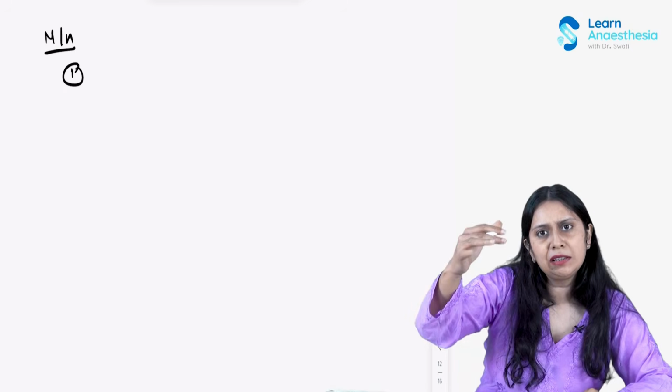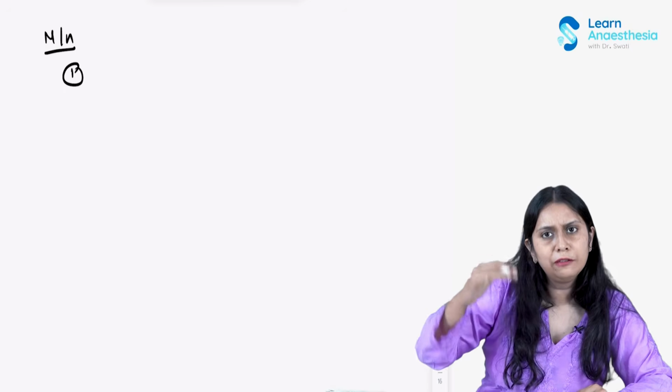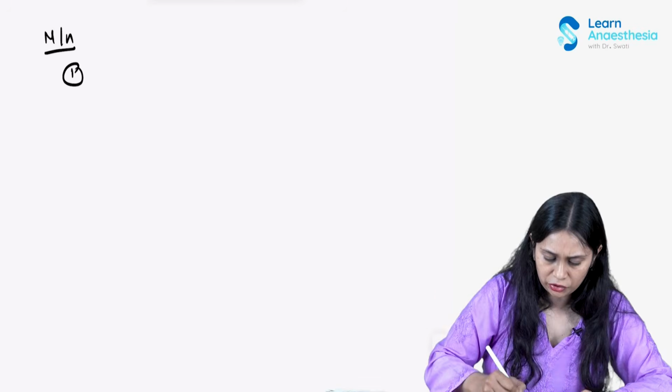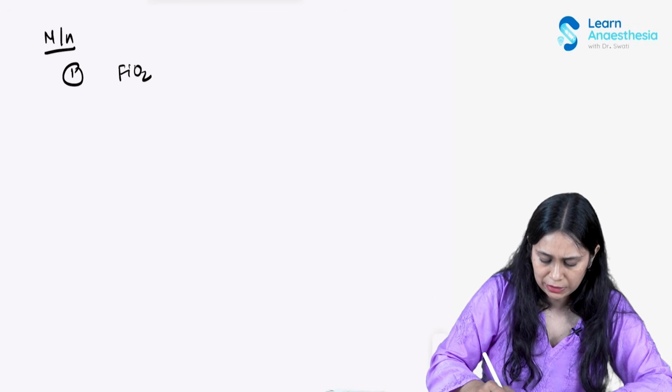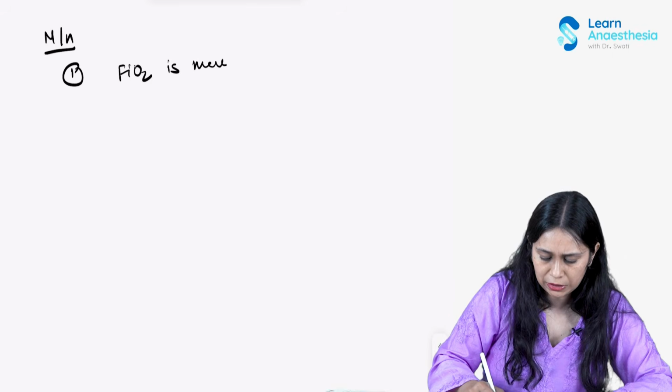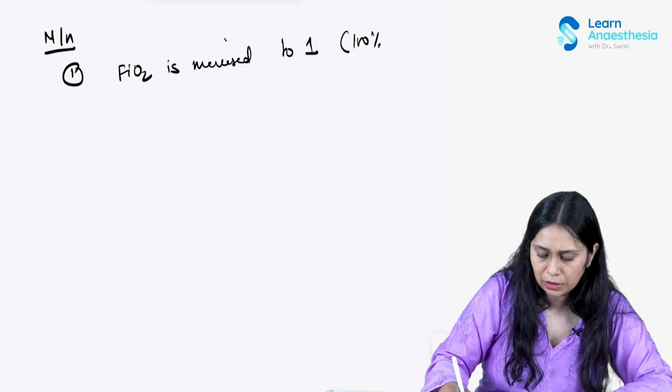Now, when we suspect bronchospasm, how do we manage? What is the management plan? So, management immediately, like any other intraop hypoxic condition, we have to give 100% oxygen. So FiO2 is increased to 1, that is, we give 100% oxygen.